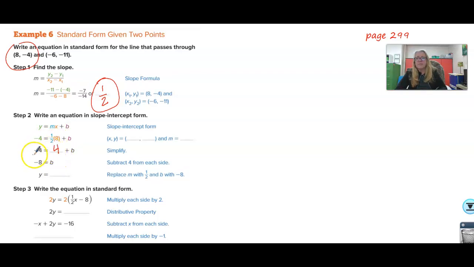Then we subtract 4 from both sides, and we get b is negative 8. So the equation in slope-intercept form would be y equals 1/2 x minus 8.